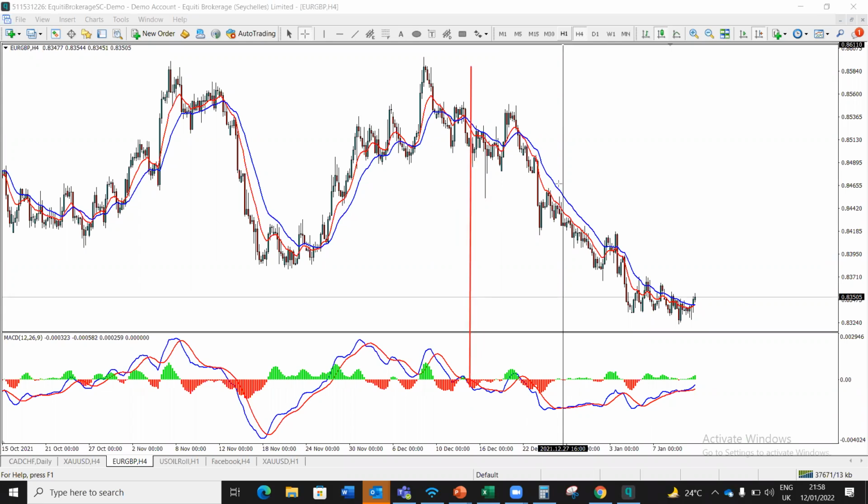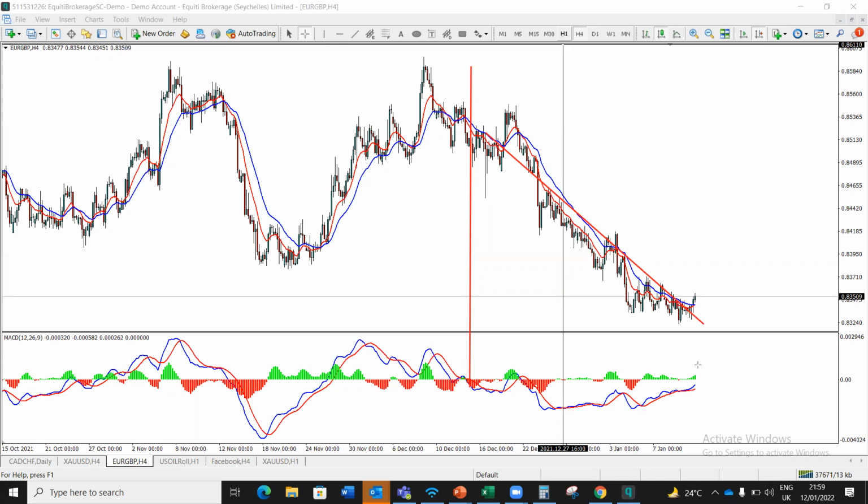So we find a bearish opportunity, the market moving downwards somewhere around here, and so long as it continued moving below the zero line, we can say that the market is still in a bearish dominance, just like we have all through here.